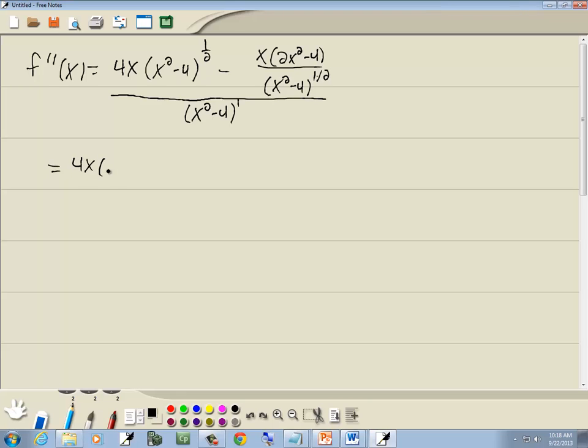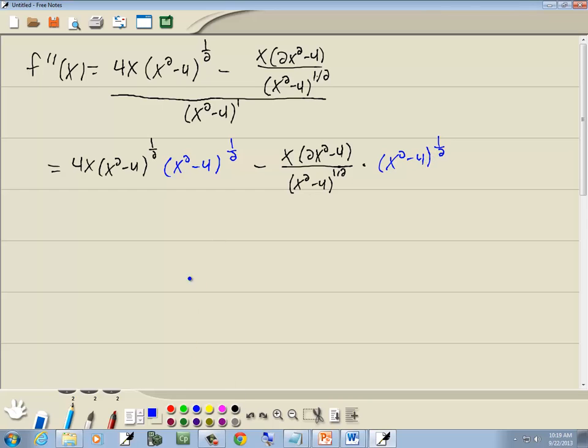So we've got 4x times (x squared minus 4) to the 1/2 times (x squared minus 4) to the 1/2, minus x times 2x squared minus 4 over (x squared minus 4) to the 1/2, times (x squared minus 4) to the 1/2, over (x squared minus 4) to the first power times (x squared minus 4) to the 1/2 power.